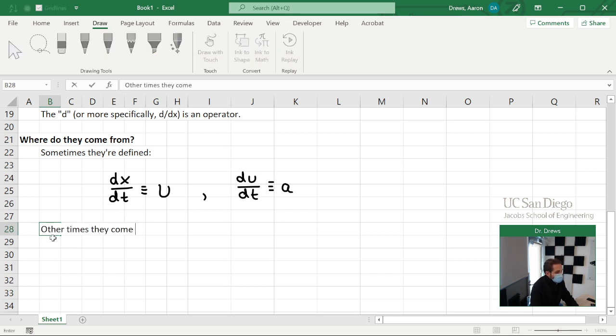Other times they come from conservation equations. And this part requires two pieces. One is to recall a definition from calculus.